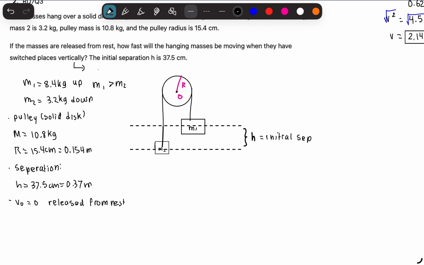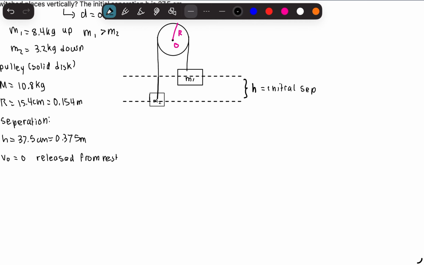To switch places vertically, that means that we have a full separation of 0.375. That's how far they have to travel. So we know M1, which is moving down.